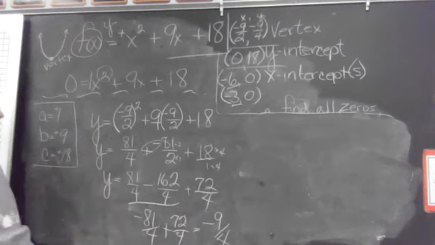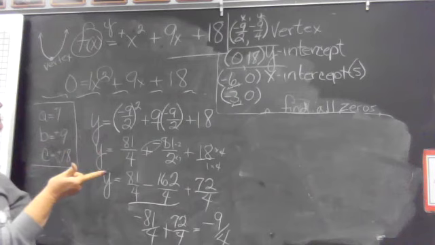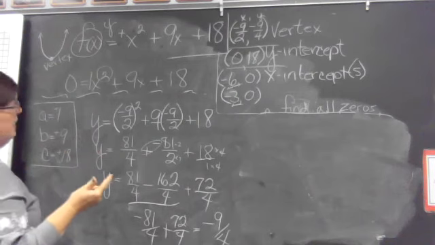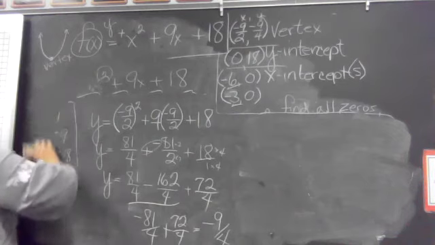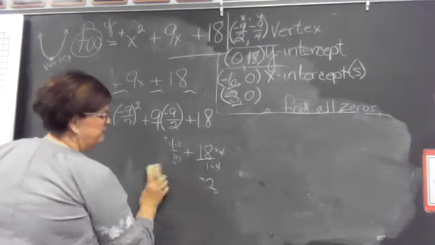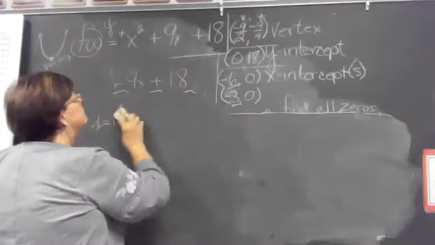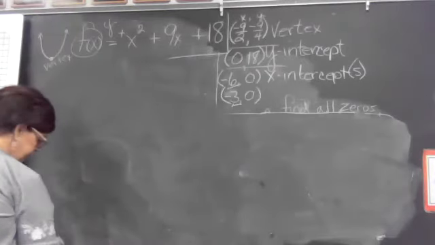Now, since we figured out the vertex, we figured out the y-intercept, we figured out the x-intercepts, now we can actually graph this equation. And I'm just going to estimate. So let's graph this.